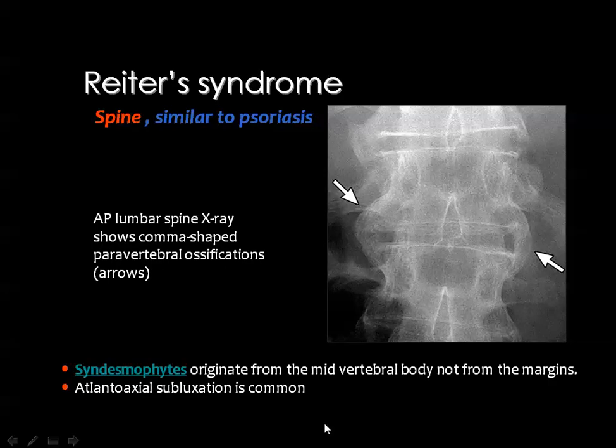In the spine, there are similar manifestations to those of psoriasis concerning the development of syndesmophytes, which are osteophytes arising from the midvertebral body, crossing the disc space, and may fuse with syndesmophytes from the above vertebral level.